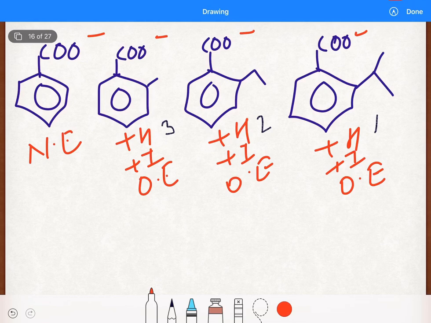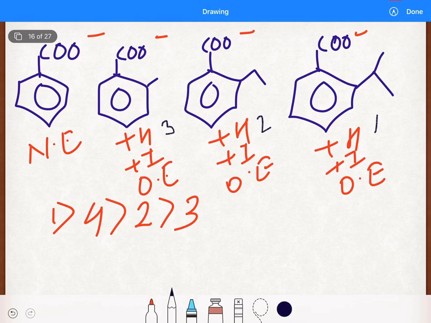Okay. Then the order should be, first one will be most acidic, then the fourth one, correct? Then the second one, then the third one. That should be the order of acidic strength. Now what we have to do is apply the ortho effect.